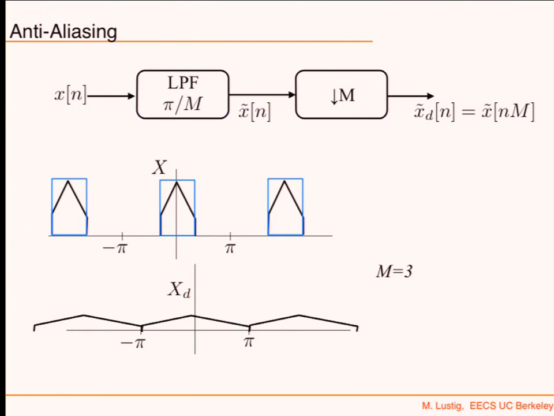This is exactly like sampling, only now we just get 2 replicas because we downsample by a factor of 2. So we get these 2 replicas, stretching and getting 2 replicas.